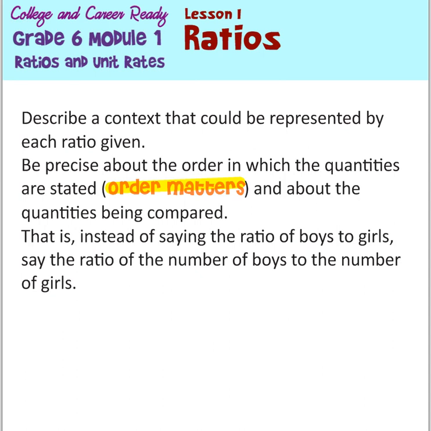Well, if I say there are 8 slices of pepperoni on one slice of pizza, but I put it backwards, then that means I only get 1 slice of pepperoni on 8 slices of pizza, and that's just not nearly enough. So you have to make sure you put it in the same order that it is in the question. Since we've been talking about boys to girls, we have to make sure we put boys first, the number of boys to the number of girls.